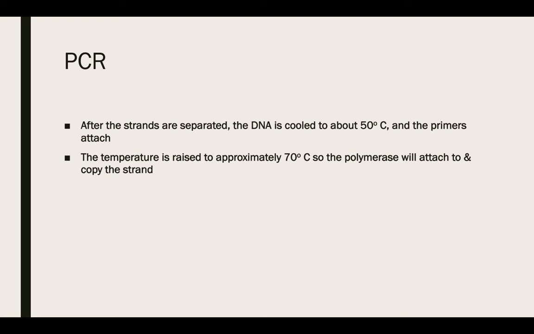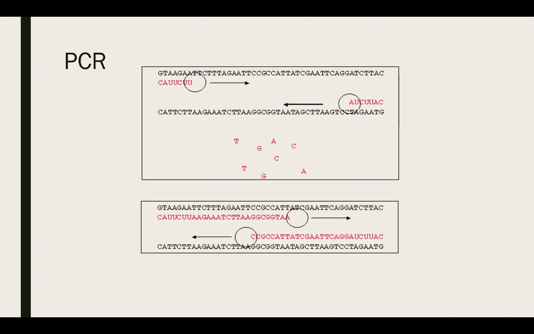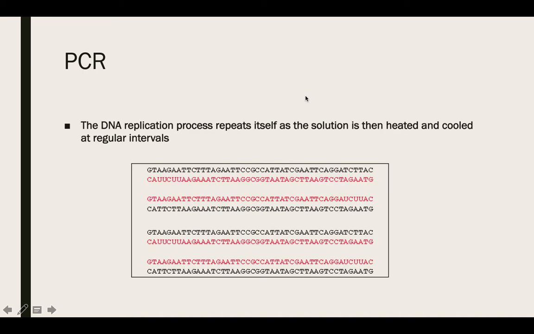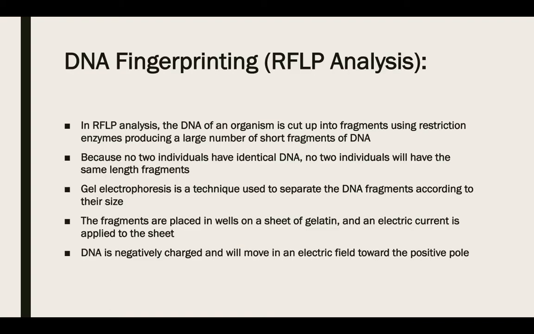The temperature is then raised back to 70 degrees so that the polymerase, the enzyme, will attach and copy the strand. So that's essentially what's going to happen. It's going to bring those primers in. The DNA replication process repeats itself. The solution is then heated and cooled at regular intervals until the process is complete. So we're forcing the DNA to make those complementary strands of one another.